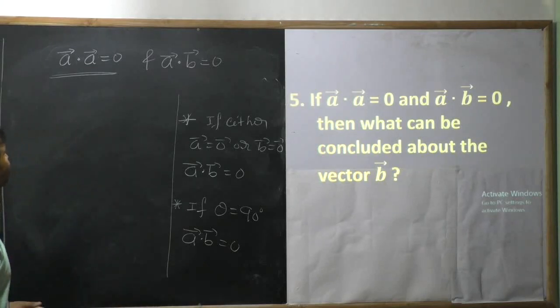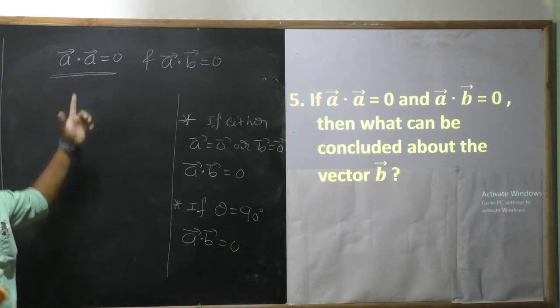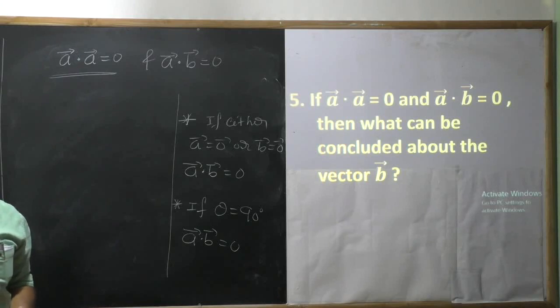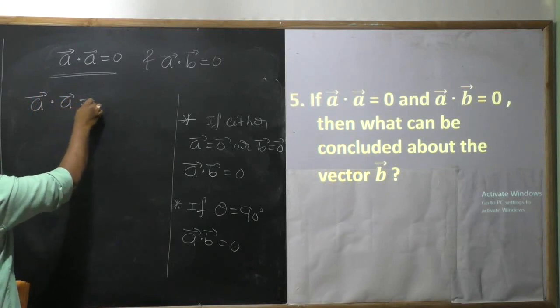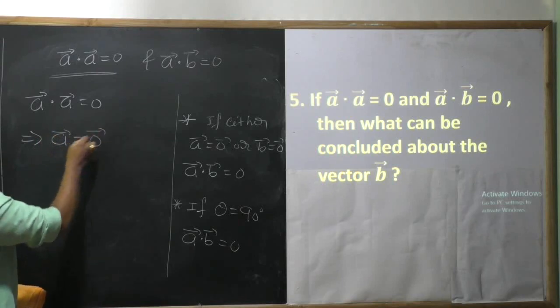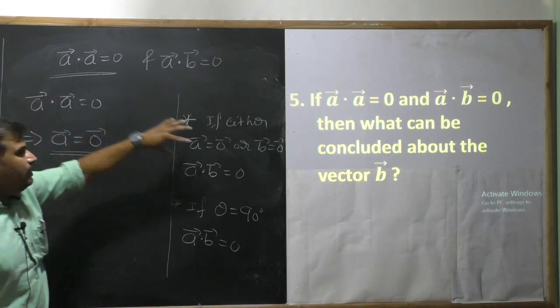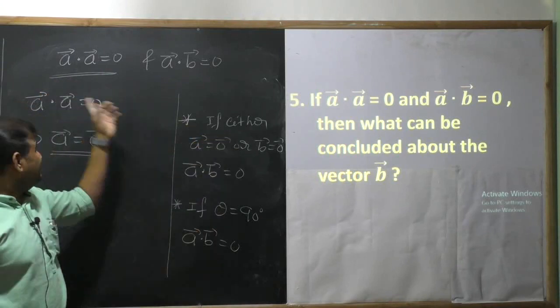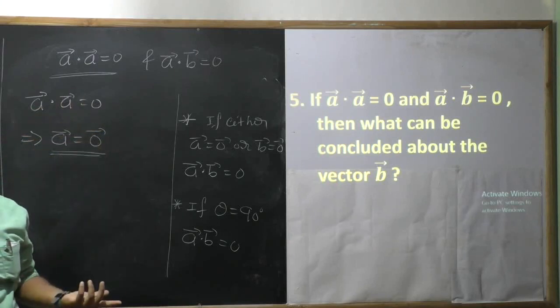But clearly a dot a is equal to 0. a dot a is equal to 0 means the angle between these two is what? It must be 0 only. So there is no chance of 90 degrees. So clearly a dot a is equal to 0 implies your vector a is a 0 vector only, because to get 0 either the angle must be 90 degrees or one of the two must be 0. Since a dot a is the angle between a and itself, it is 0 only.